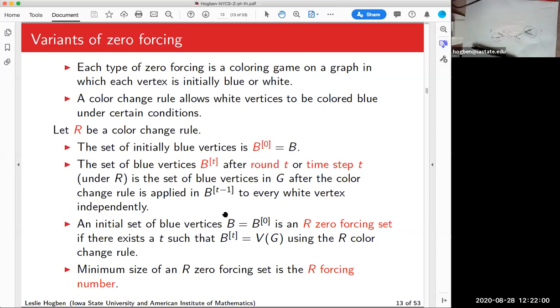So the greedy algorithm. There is another perspective, which is actually the original perspective on zero forcing, where you get to choose which next force you're going to do. And you have a list of forces in order called a chronological list of forces that are done exactly in that order. And there are situations where it's useful to take that perspective.